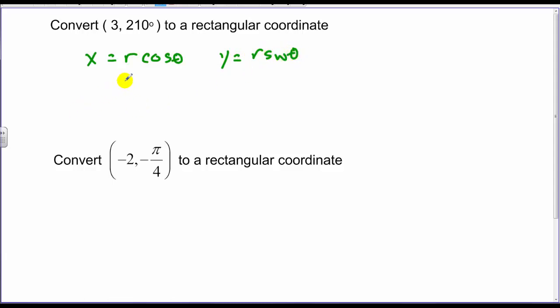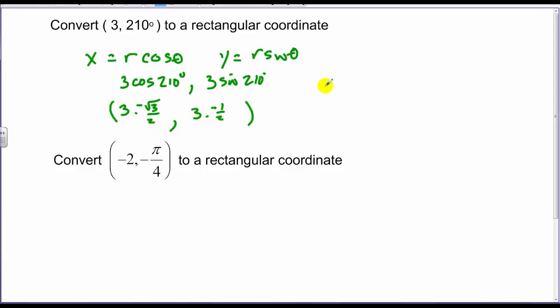So if I take 3 times the cosine of 210 and 3 times the sine of 210, these are in degrees once again, cosine of 210 is negative root 3 over 2, and the sine of 210 is negative 1/2.